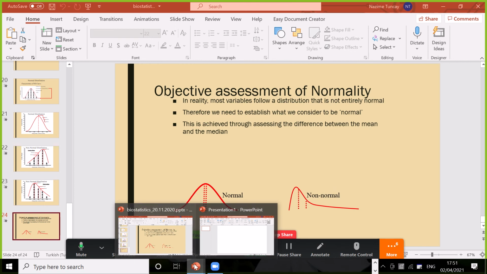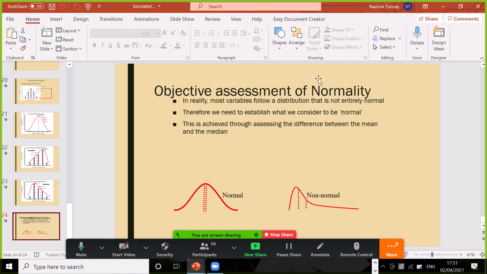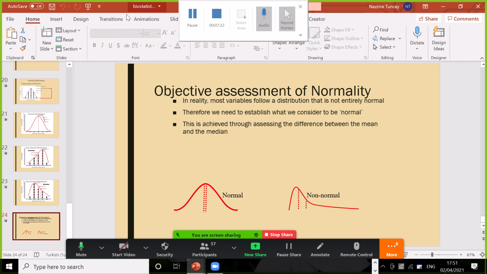Okay, so we have seen the parametric and non-parametric tests, and we have seen tests like independent sample t-test, one sample t-test, and one-way ANOVA.